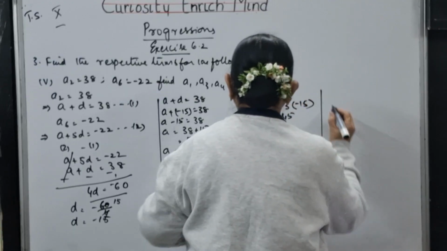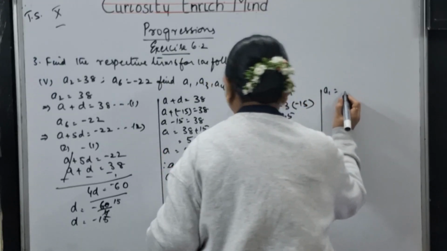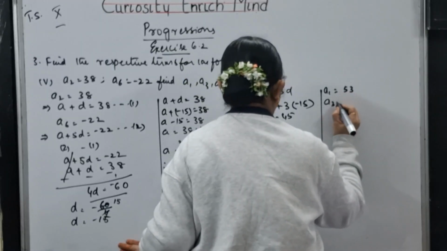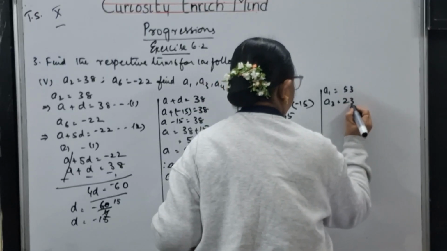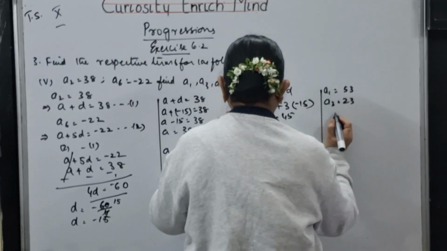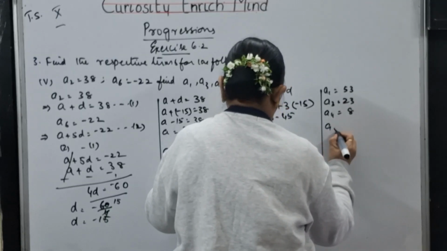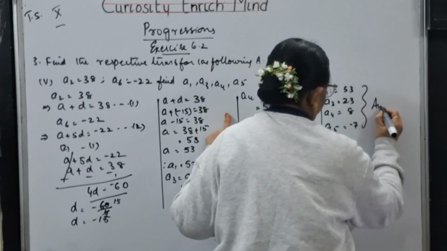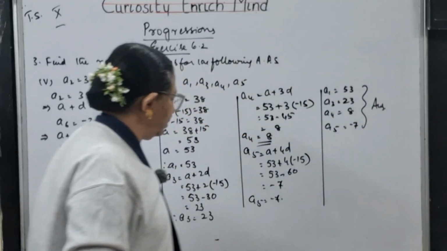You are getting A1 is equal to 53, A3 is equal to 23, then A4 is equal to 8, and A5 is equal to minus 7. These are the answers, children.